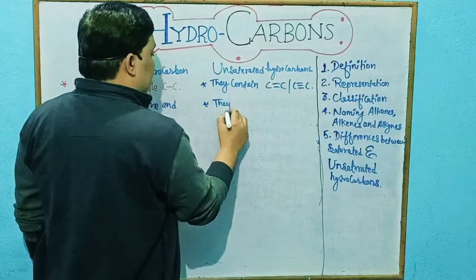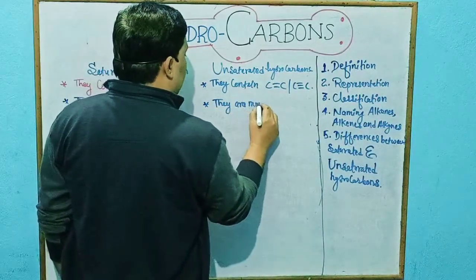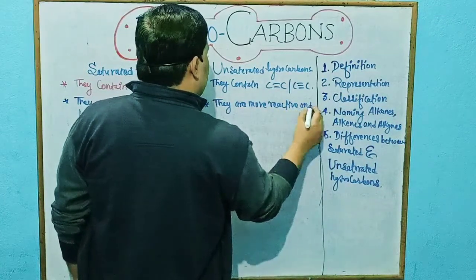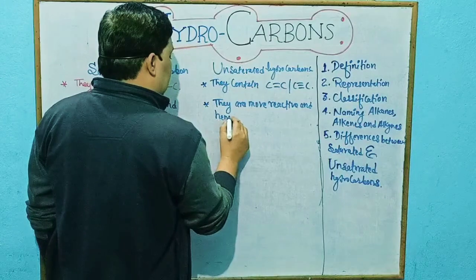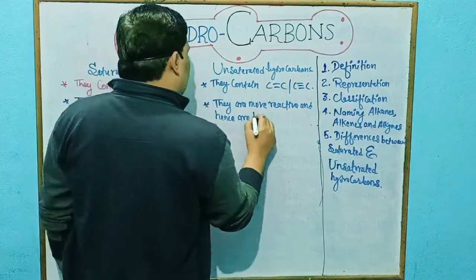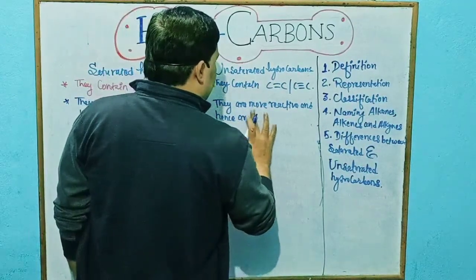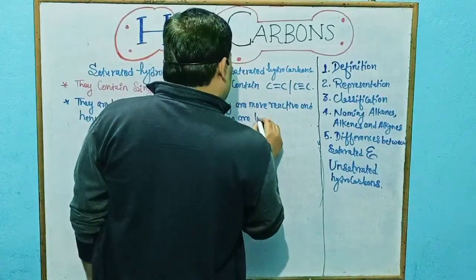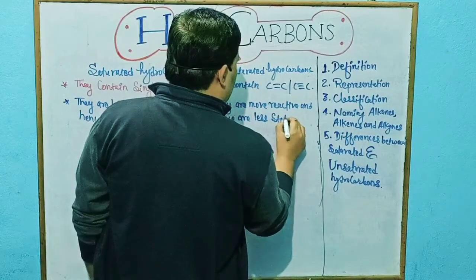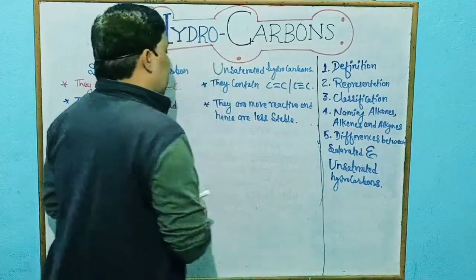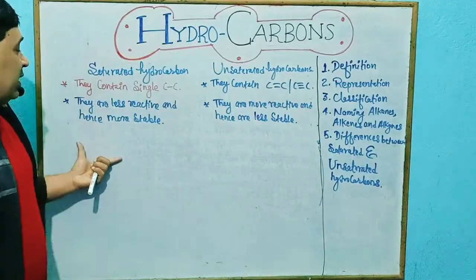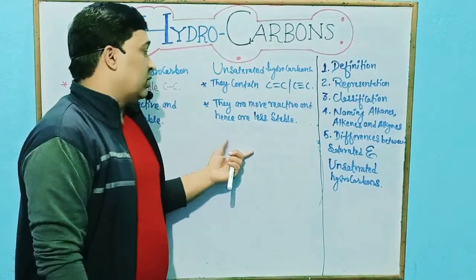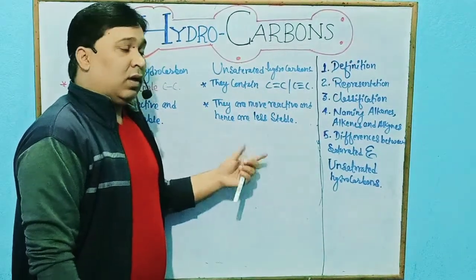Unsaturated hydrocarbons are more reactive, and hence are less stable. So saturated hydrocarbons are less reactive, but they are more stable. Unsaturated hydrocarbons are more reactive, but they are less stable.